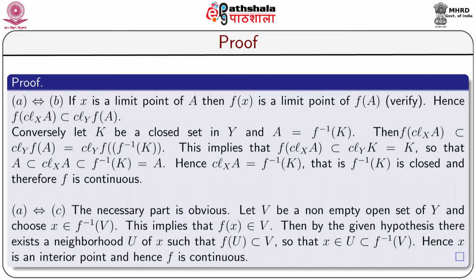Now, let us consider f is continuous at each point x belongs to capital X. Let V be a non-empty open set of Y, and let us choose some x belongs to f inverse V. This implies that f(x) belongs to V. Then, by the given hypothesis, there exists a neighborhood U of x such that f(U) is a subset of V. This implies that x belongs to U subset of f inverse V. Hence, x is an interior point and hence f is continuous.